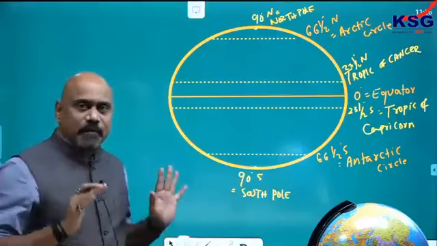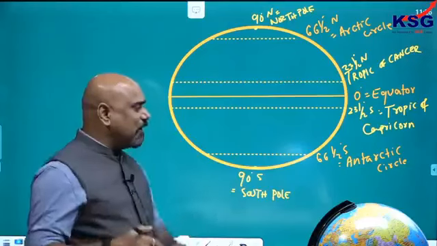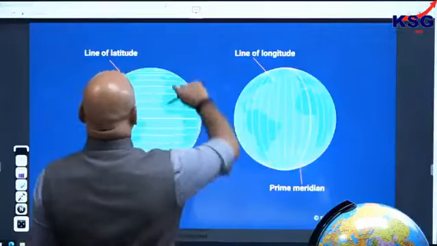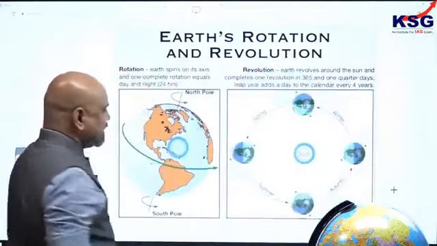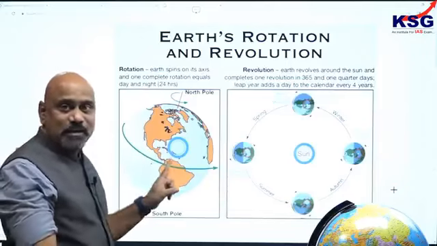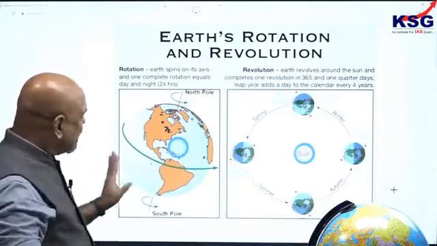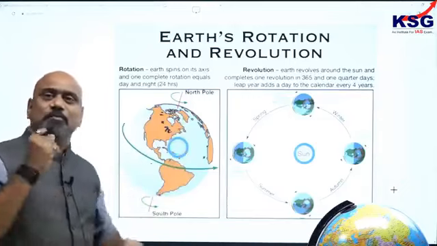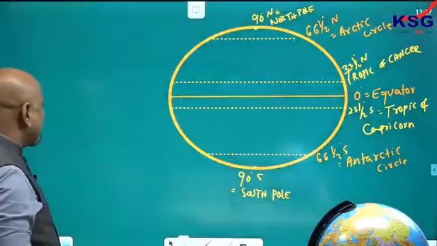Seasonal changes and all we will discuss gradually. I will show you a video on this. Earth rotation and revolution, two things are there. We will discuss later how it moves, why, and in what position. It will be very interesting. Do not worry about this.